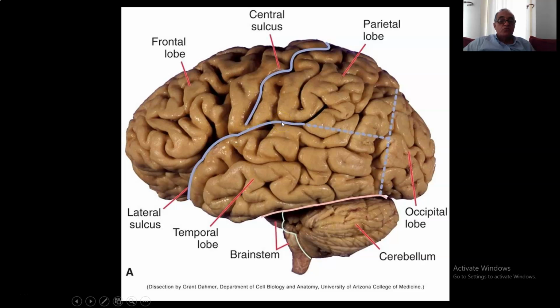And if you draw a line from the pre-occipital notch separating the temporal lobe from the occipital lobe, and you extend it by an imaginary line to the parietal occipital sulcus, you get an imaginary line.